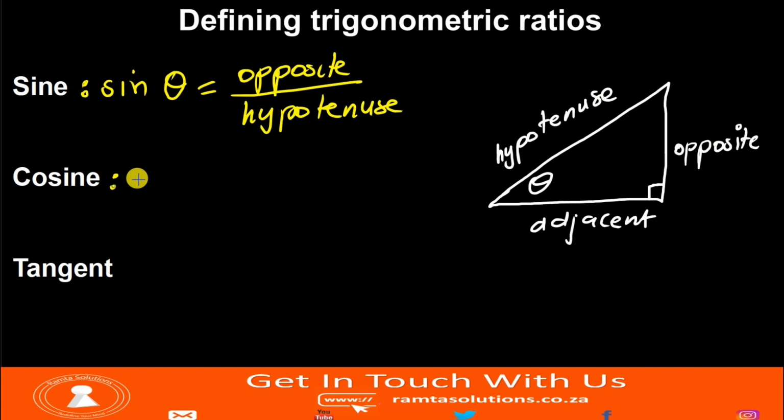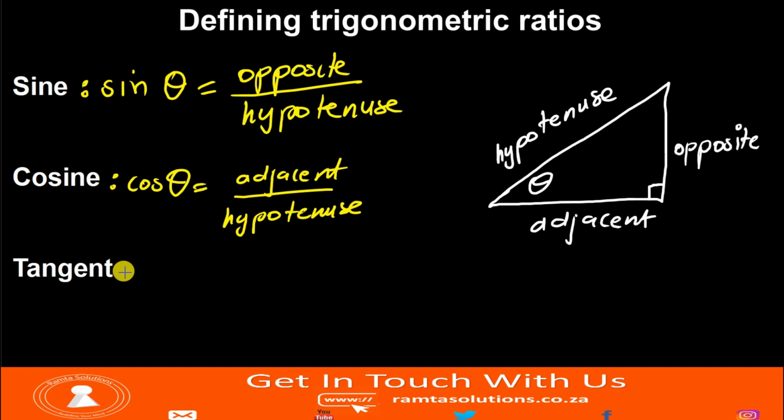Now, when we talk about the cosine, cos theta is the adjacent side over the hypotenuse. Lastly, we look at the tangent.